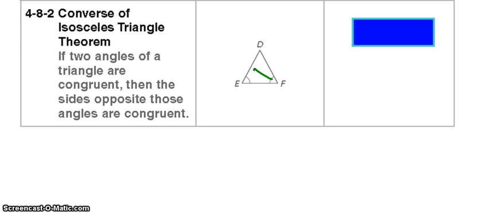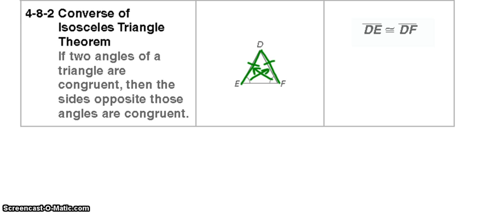It's the sides opposite that are going to be congruent. So that would be segment, I'll go ahead and highlight the segment, segment DE is going to be congruent to segment DF. The conclusion: segment DE is congruent to segment DF. Go ahead and write this down.